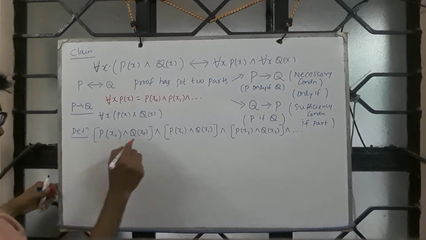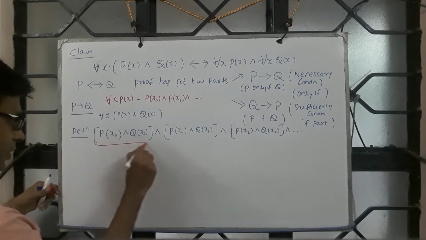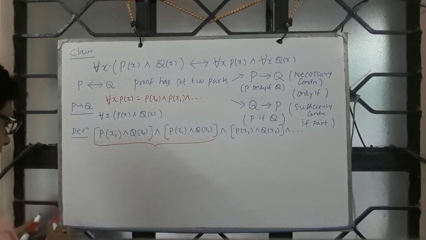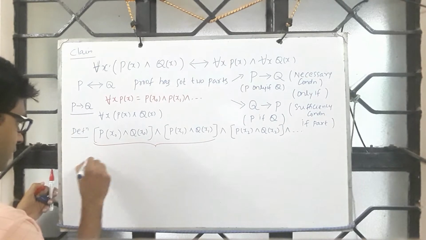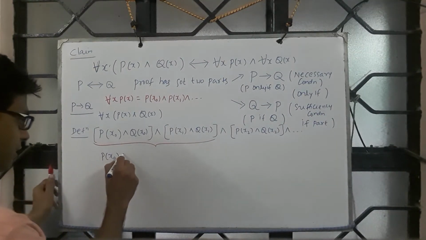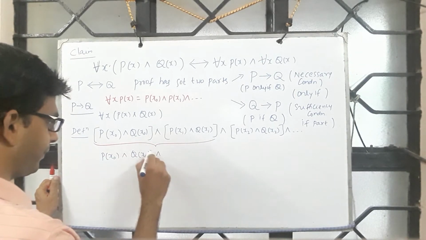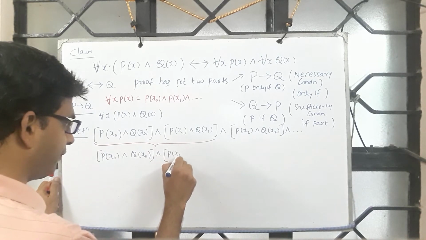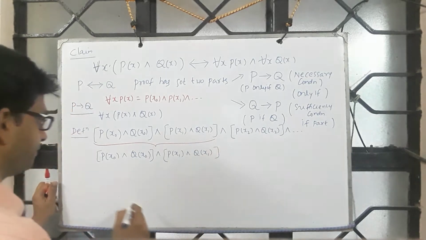So for simplicity, take the first two expressions alone and simplify. So you have p of x naught and q of x naught. It's and everywhere. So p of x1 and q of x1.